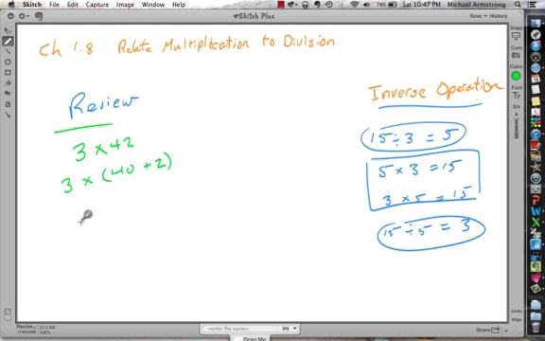And then we noticed, if you remember, that we could multiply 3 times 40 and then add 3 times 2. 3 times 4 is 12, so 3 times 40 is 120, plus 3 times 2, that's 6, and 120 plus 6 is equal to 126. That's kind of the quick review.